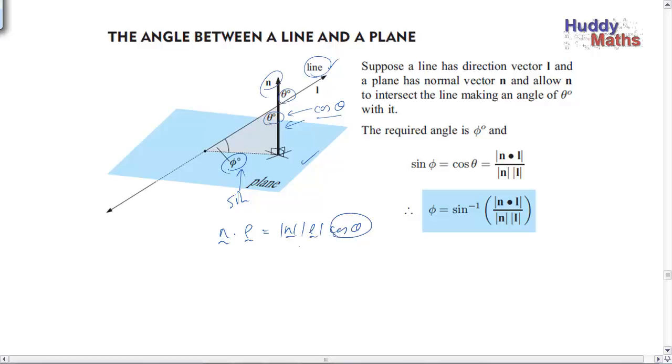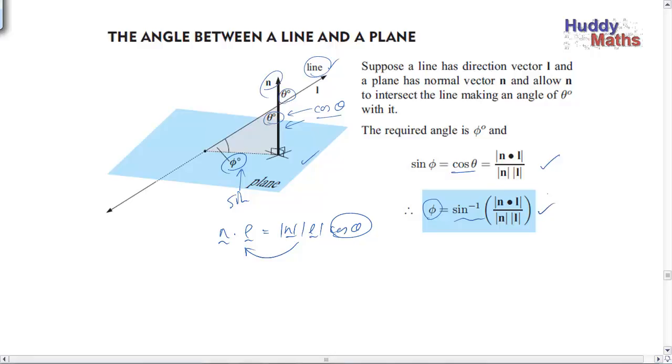So if we want the angle between them, we'll divide by it. So here's our result over here. Cos of theta is easier to get because theta is the angle between two vectors, and that's defined easily with a dot product. And that's the cos of theta, so phi has the same sine as that, so it's sine inverse of this. Neat little trick, isn't it?